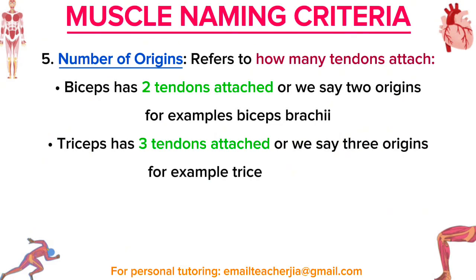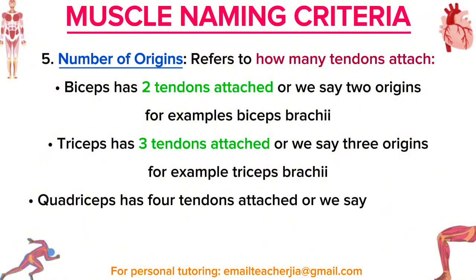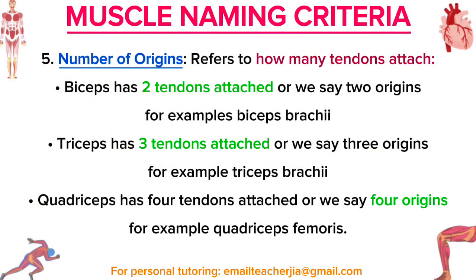Triceps has 3 tendons attached, or we say 3 origins, for example, triceps brachii. Quadriceps has 4 tendons attached, or we say 4 origins, for example, quadriceps femoris. And here, if you're not referring to tendons, you say origin. Biceps means 2, triceps means 3, and quadriceps means 4.